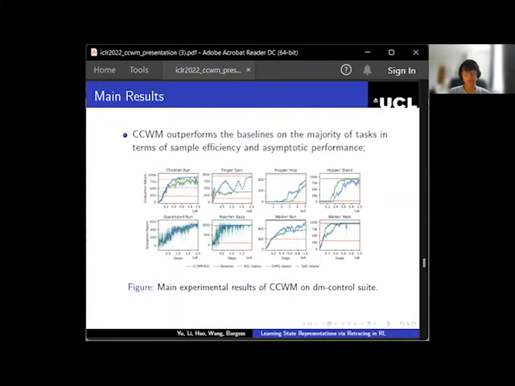So here are the main experimental results. Basically, the green is Dreamer, the blue is ours, and the dotted lines are the model-free baselines. The main takeaway is that CCWM outperforms the baselines on the majority of the selected 8 tasks, and is only outperformed by Dreamer on one specific task, which is the Hopper stand task.